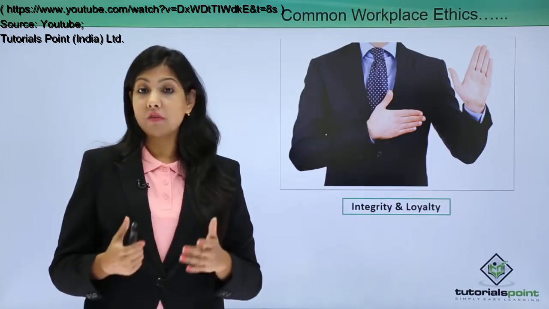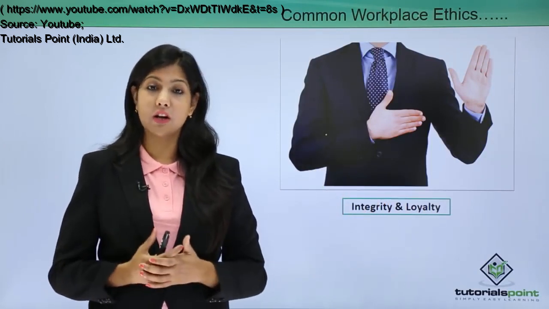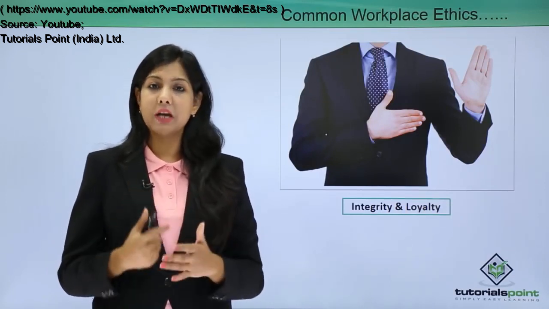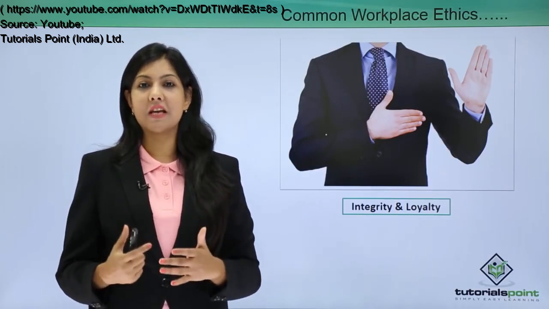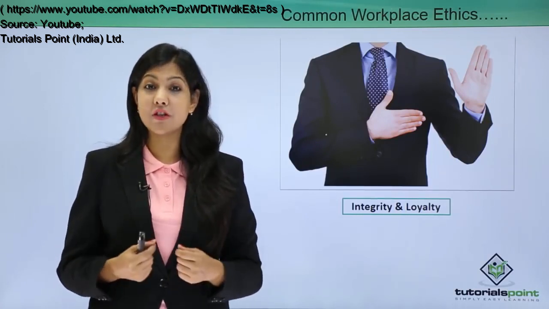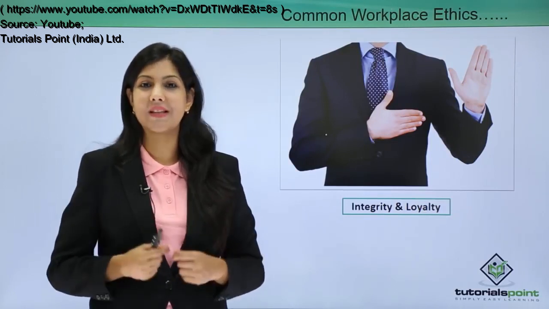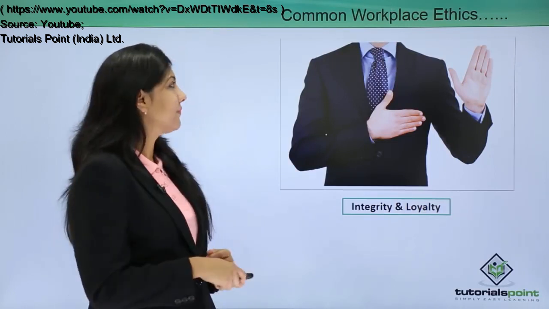Never share confidential data of the company or organization with outsiders. That's a complete no-no. So make sure that you show with your actions and behavior that you are somebody who has a lot of integrity and loyalty. People should be able to trust you with their words and actions.